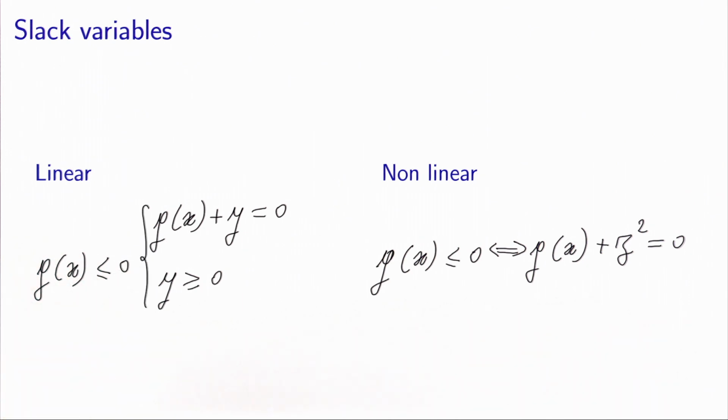Okay, so in this case, we cannot really transform completely the inequality constraint into an equality constraint. But what we can do is to write it as a non-trivial equality constraint and a non-negativity constraint on the slack variable.